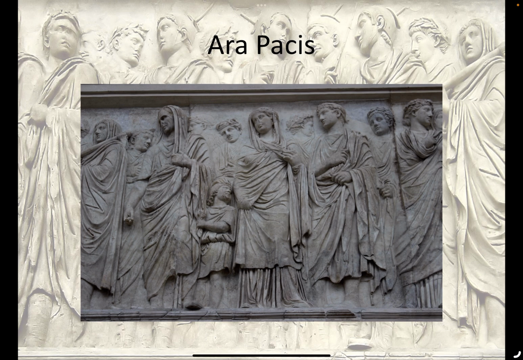Next to him is a figure who has inspired some amount of debate. This is probably Julia, who is Augustus's daughter and his only child who lived into adulthood, the mother of Gaius and Lucius, and at this point the wife of Agrippa.